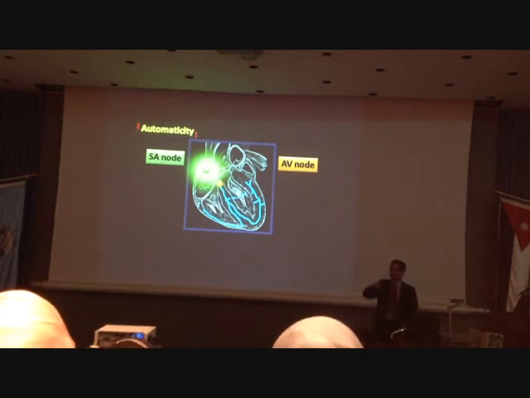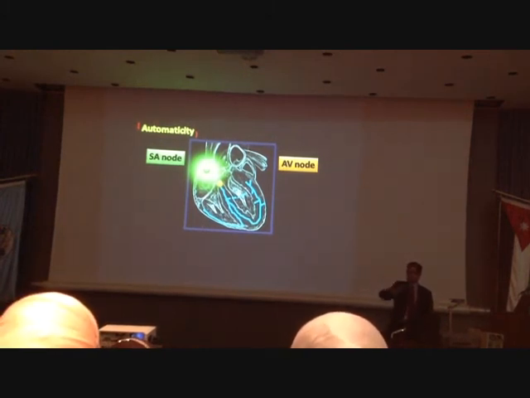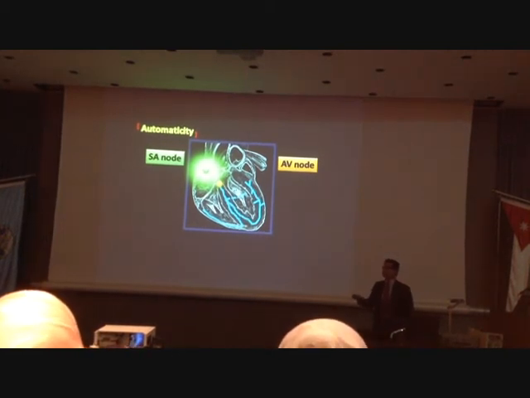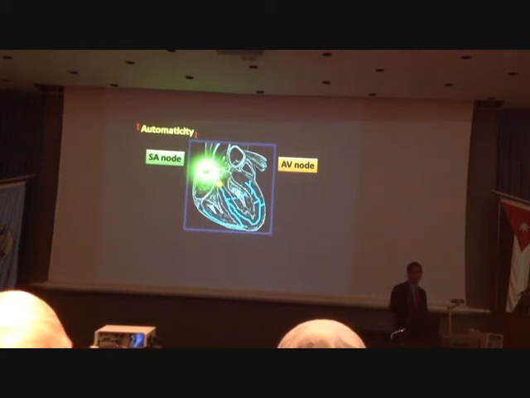Exactly. The cell just spontaneously goes from phase 4 into phase 0. While in the atria and ventricles, you need some sort of a stimulus. This stimulus comes from the AV node and the Purkinje fibers and all these things. Now, what's the major characteristic of the AV node?